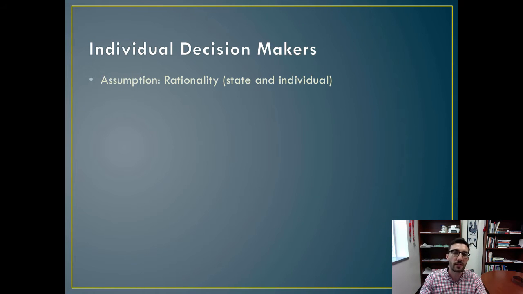It's not rational in the sense that we think it's crazy or appropriate. It's that they follow what it is they're interested in, and then they let that guide how they make decisions. But in reality, as you've probably recognized in your own life, there are lots of other factors that can come into play when making decisions.